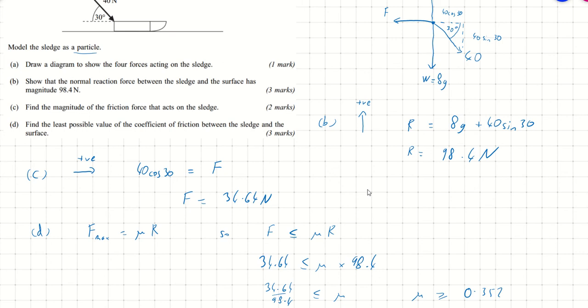That's the least possible value. So mu must be greater than or equal to 0.352. The point is that if mu was less than this value, then there wouldn't be sufficient friction to stop the sledge from moving. The friction would be overcome by the boy pushing.